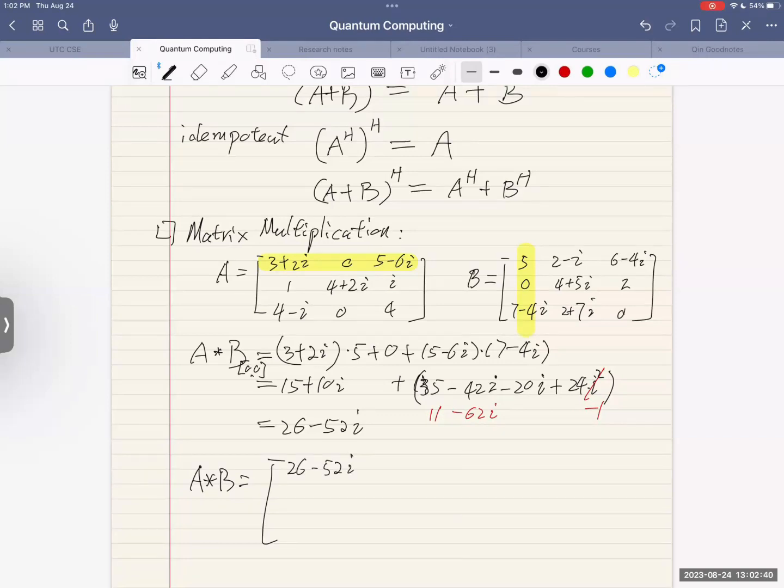We found the first one, and then we need to find the second one. Oh, I shouldn't put a 0 there. That's a bit confusing. I should put the question mark. How about it? Find the rest of them. Okay, I'm going to let you work on it. Oh, we could write Python code to do that.